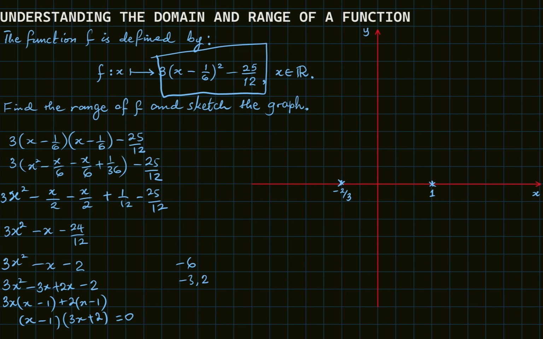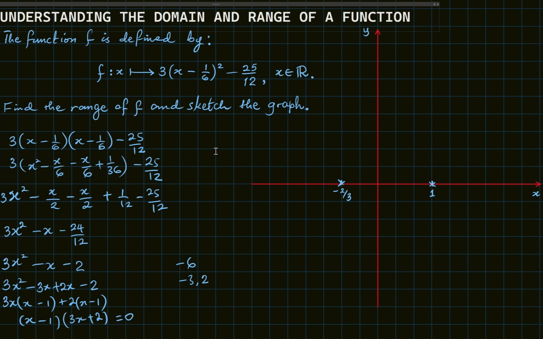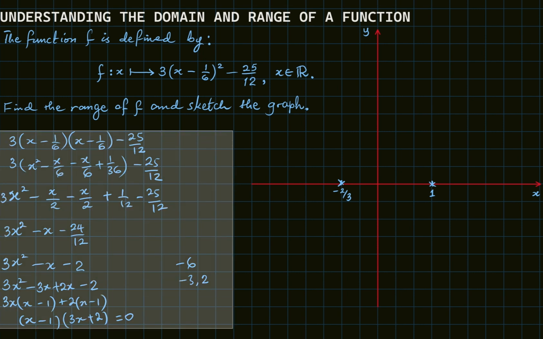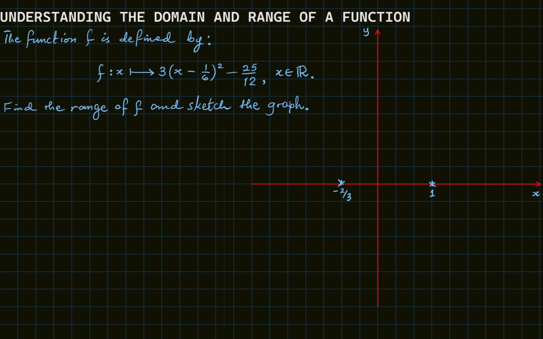Again, if you are an iGCSE student or a GCSE student, you will be required to know how to write a quadratic equation in this form. And one major reason that will be required of you is so that you can easily pick out the maximum or minimum from a quadratic function.